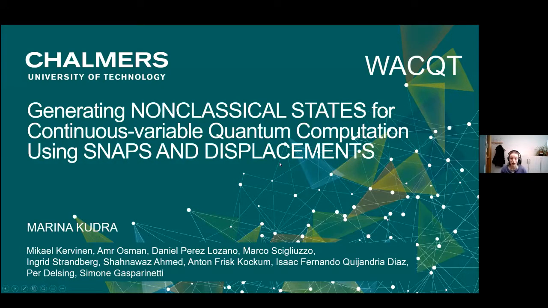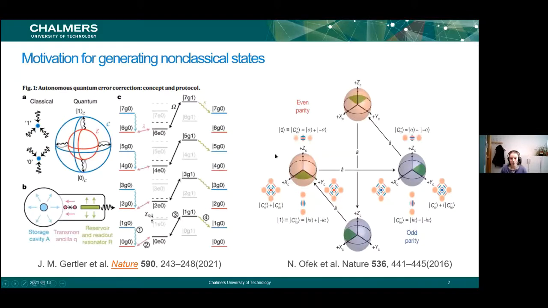I wanted to give a little bit of motivation, but we had Jeff, who already presented his very nice paper on autonomous quantum error correction. And then he also mentioned the one that broke even, also the Nature paper from 2016. So why are these systems so good if you want to do error correction?